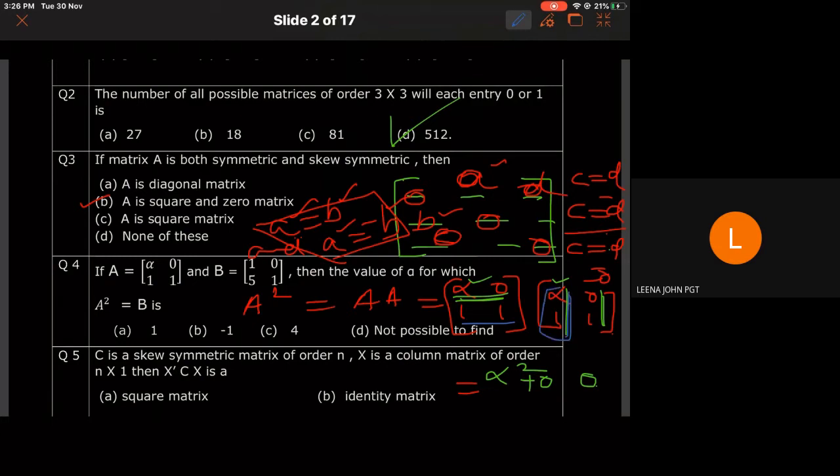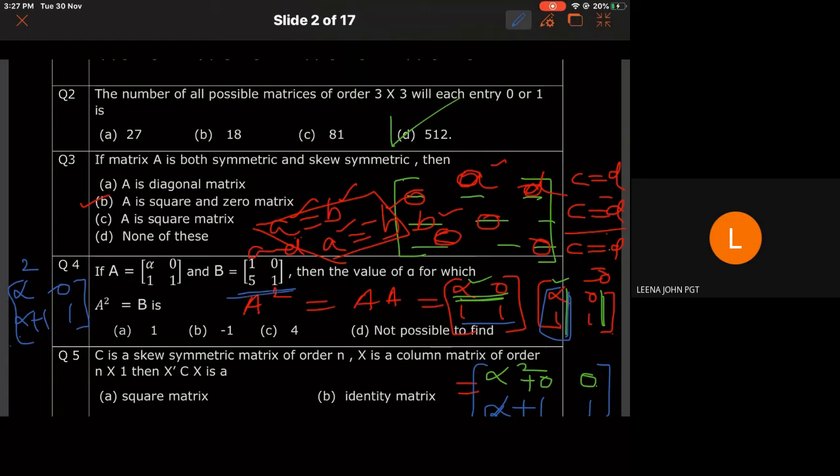So 1 into alpha plus 1 into 1, so we get alpha plus 1. Then 1 into 0 plus 1 into 1, that is 1. So you are getting alpha square, 0, alpha plus 1, 1. This is equal to B.